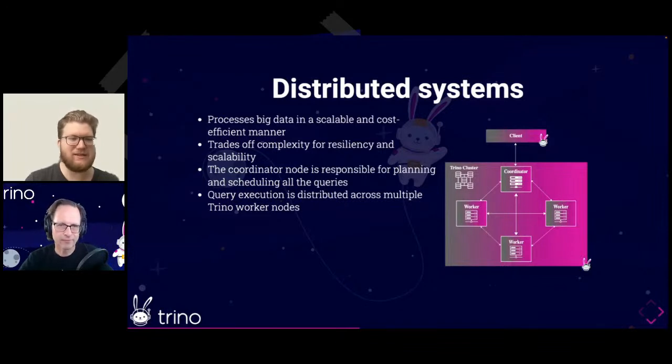And then it assigns and orchestrates a ton of different worker nodes, which then go process data and carry out those tasks in order to complete the query. So the workers divide and conquer, and then they report back to the coordinator, which in turn reports back to the client. So it kind of works that way in order to be simple, reliable.